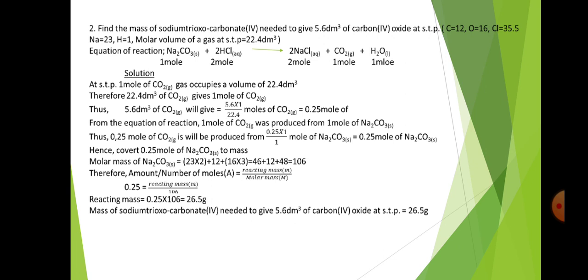Now, at STP, we know that 1 mole of carbon IV oxide occupies a volume of 22.4 dm3. That implies that 22.4 dm3 of carbon IV oxide is 1 mole of carbon IV oxide. Thus, 5.6 dm3 of carbon IV oxide will give how many moles?